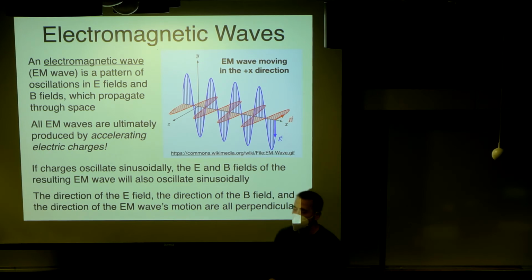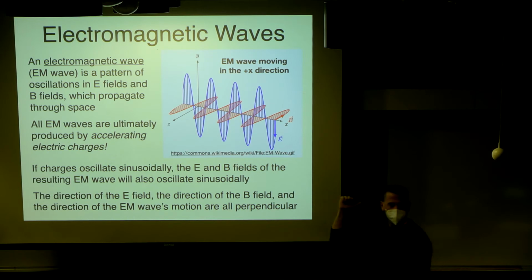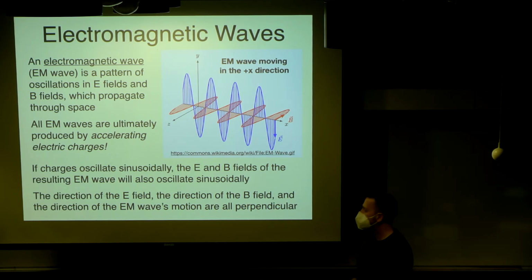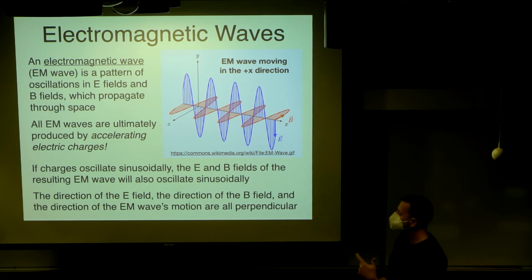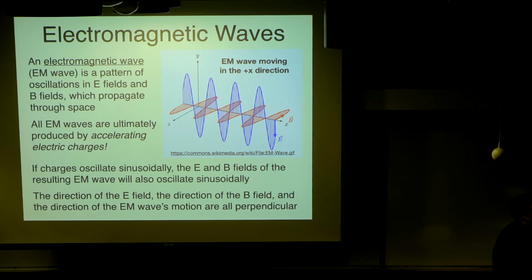In the example I just showed you, you had the B field kind of going in and out of the page like this. You had the E field going up and down like this. And you had the wave traveling to the right like this. All of those directions are perpendicular to each other. That's a general feature of electromagnetic waves: that the E field, the B field, and the direction the wave is going are all perpendicular to one another.